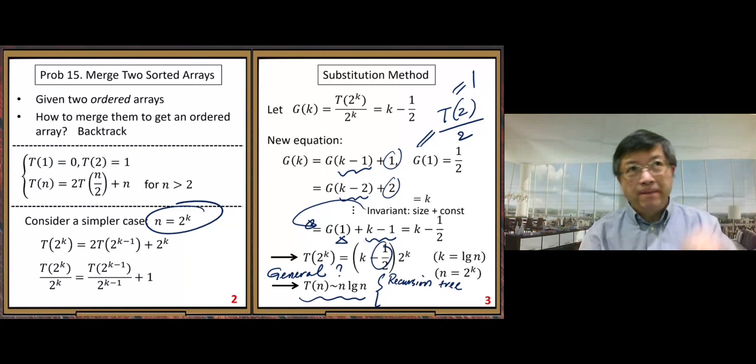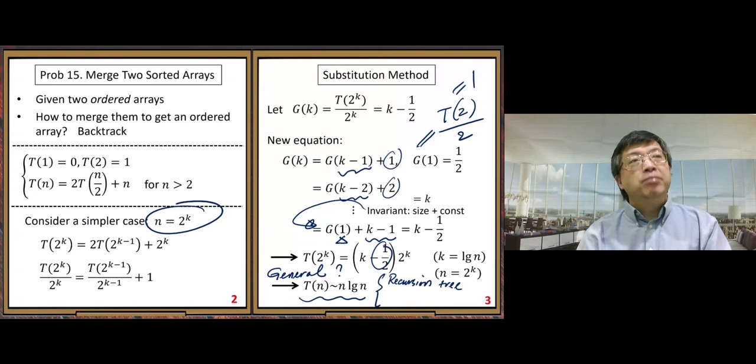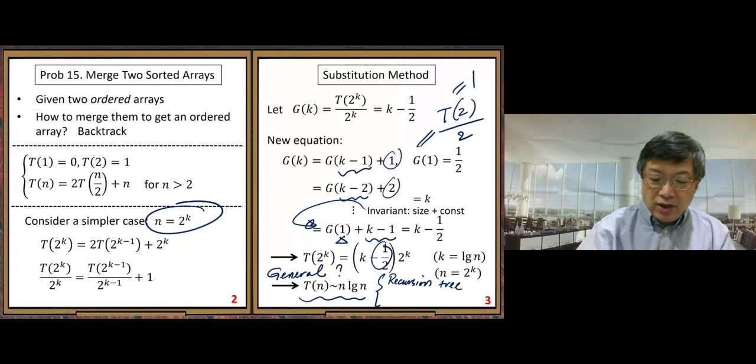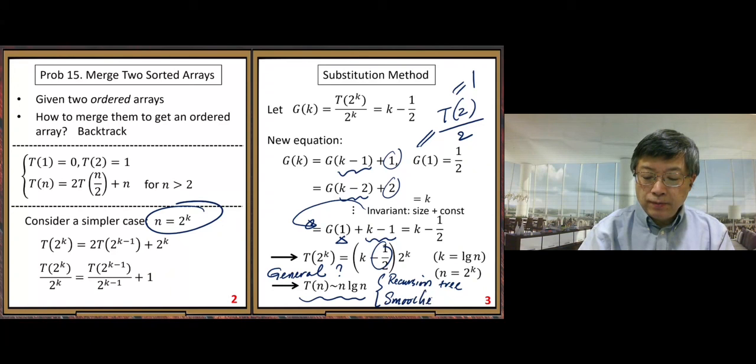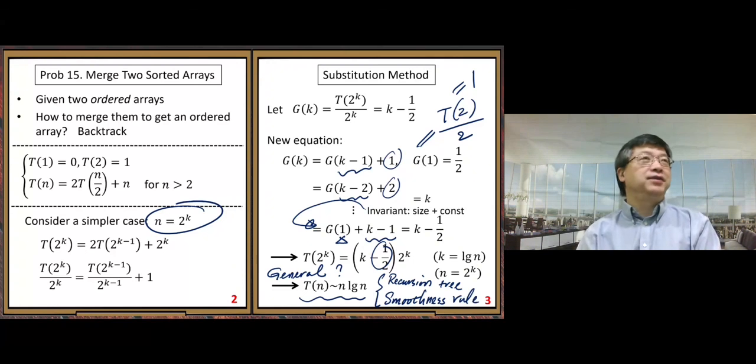Another method we also used before is the binary bits problem. Remember the smoothness rule? We can also get the answer that way.